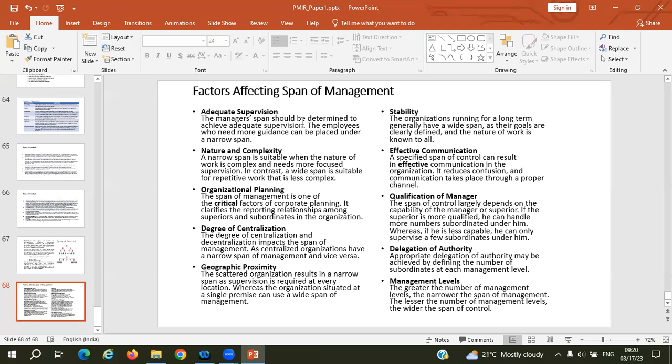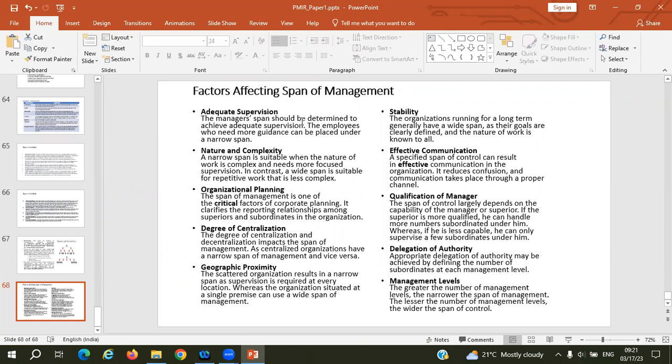That is narrow span of control. If the work is very straightforward, very mechanical, then you can have a wide span of control. You can manage many. So that is the nature of complexity of work. What kind of work are you managing? That is one important factor deciding the span of control: nature and complexity.